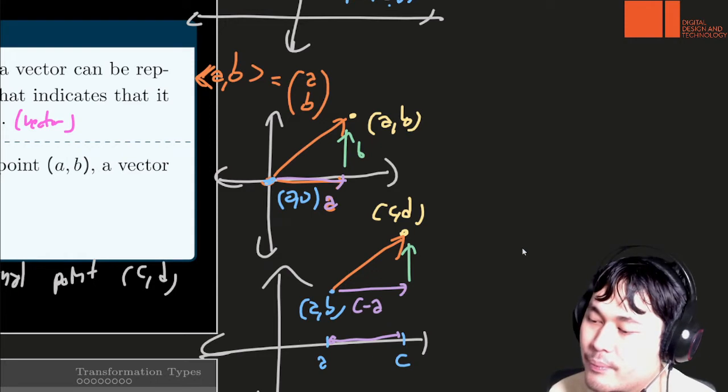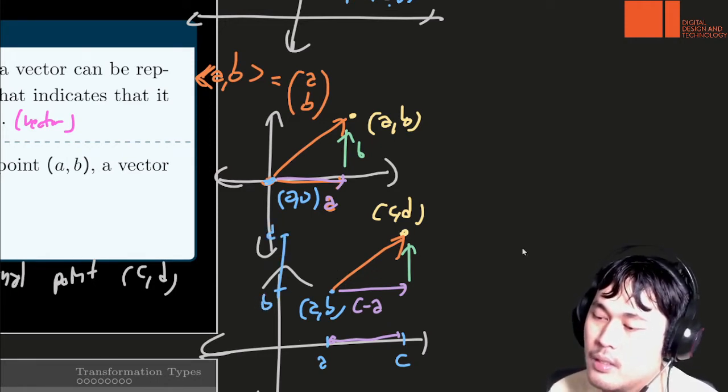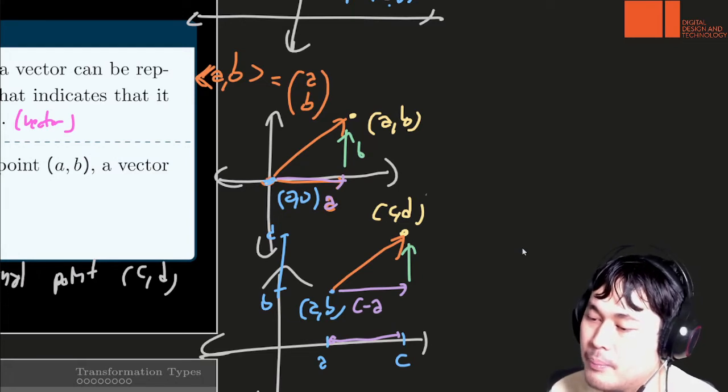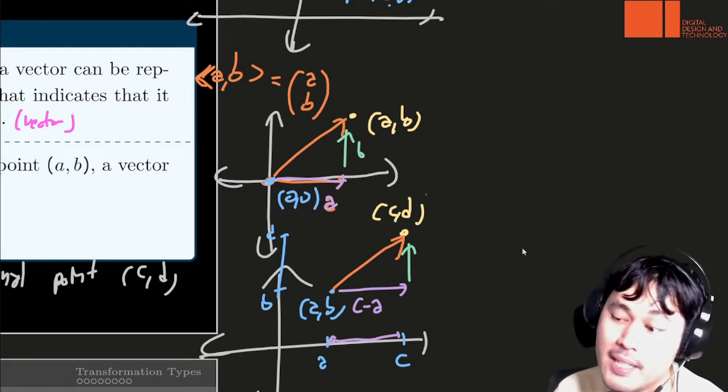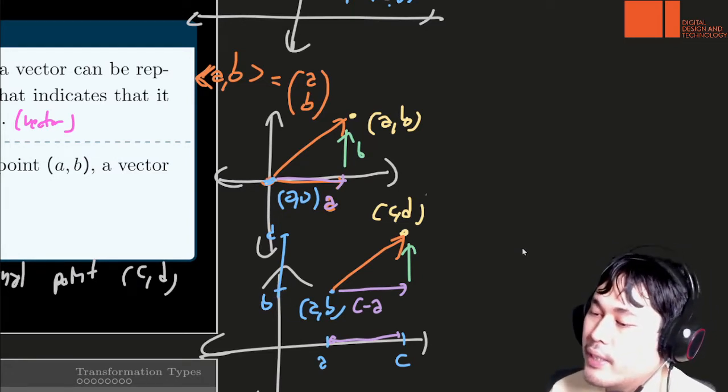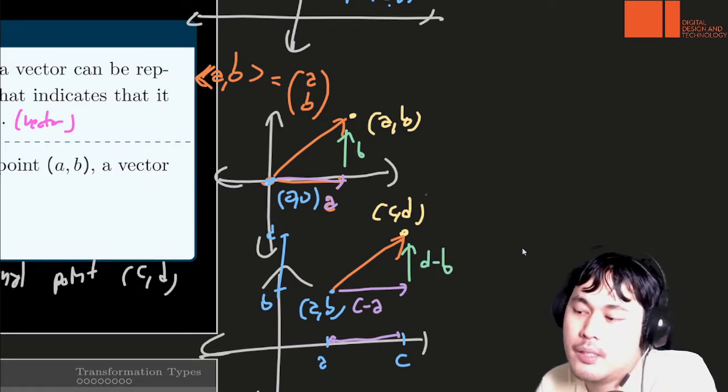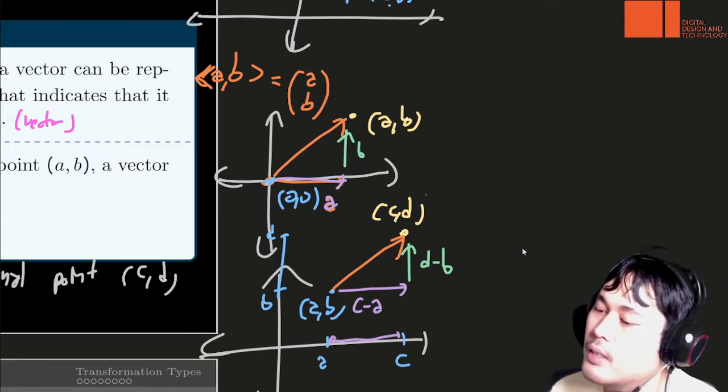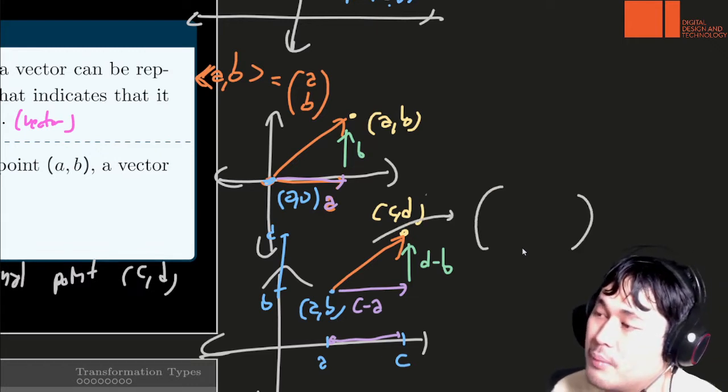And likewise, this B coordinate is here, D is there. So if you move up from y equals B to y equals D, then the number is D minus B. So that means this vector can be represented as C minus A.